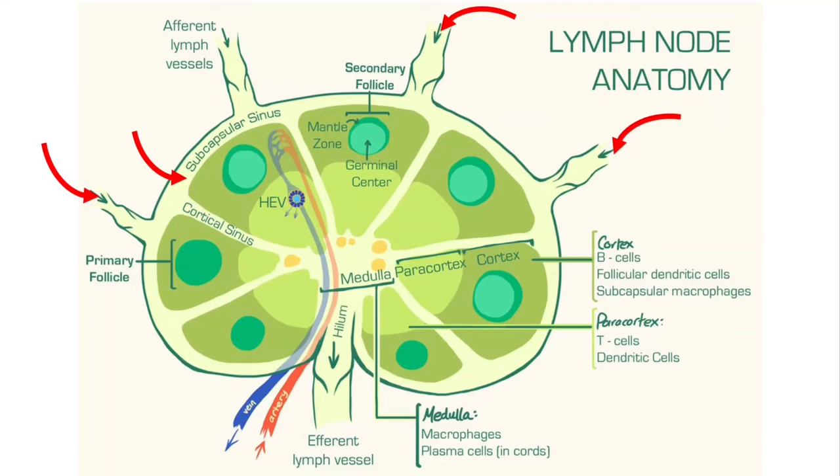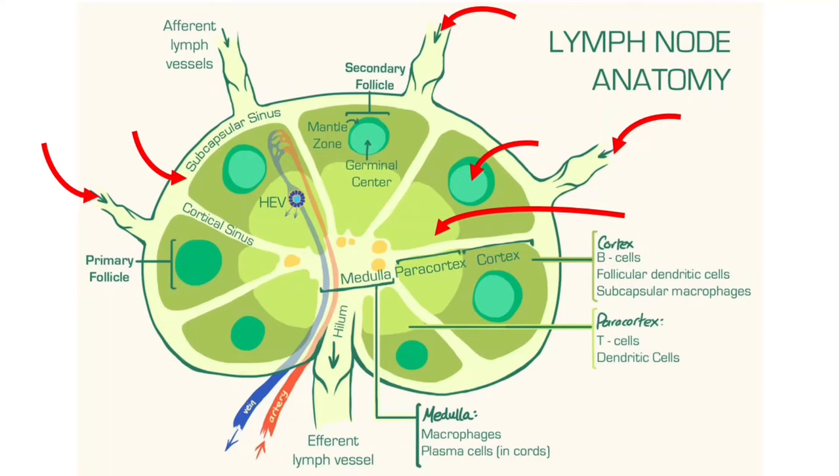Now, after the subcapsular sinus, we reach the outer cortex of the lymph node, which contains lymphoid follicles. As you can see, some of these lymphoid follicles are primary and some are secondary, and this outer cortex is predominantly filled with B lymphocytes, lymphocytes that produce antibody.